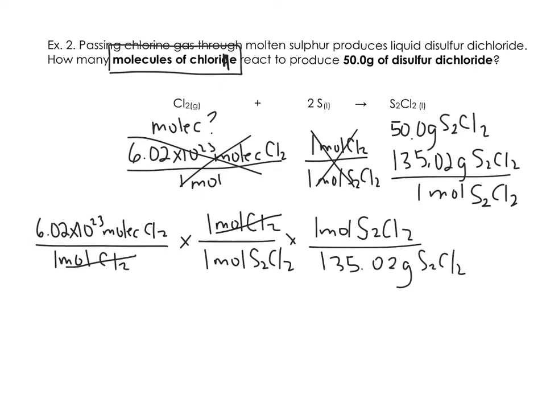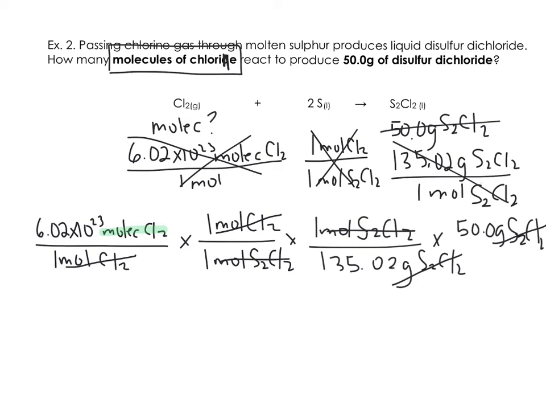So now the units, moles of S2Cl2, cancel. The ones stay. Now we've got grams of S2Cl2 to get rid of, and we happen to have grams of S2Cl2. In fact, we've got 50 of them. So now we've used up everything we have. Our grams of S2Cl2 cancel, so those units are gone. So the only units we have left right now are these molecules of Cl2, and that's exactly what we want in our answer.